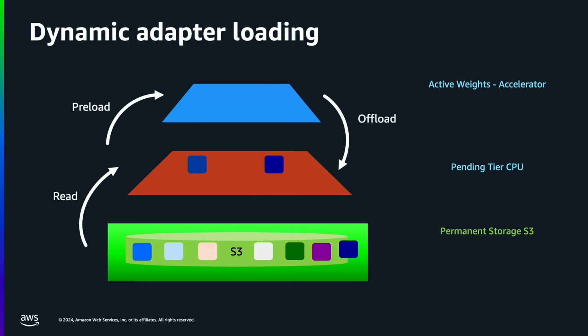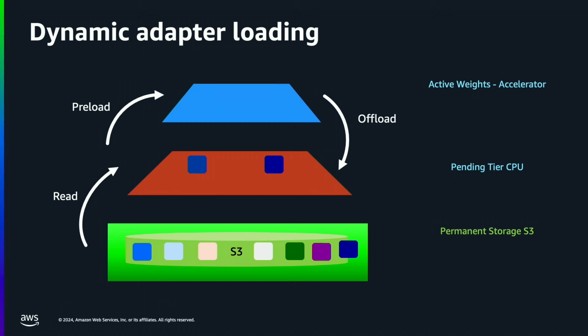The adapters could be loaded actively on the GPU high bandwidth memory, and then they might get offloaded to the CPU memory if they are not being used, or if there's memory pressure from loading more active adapters and you have to make some space to accommodate them.